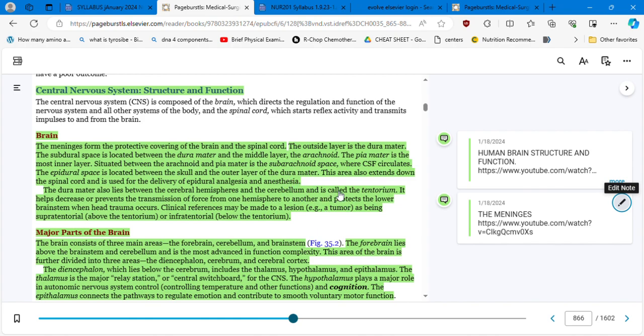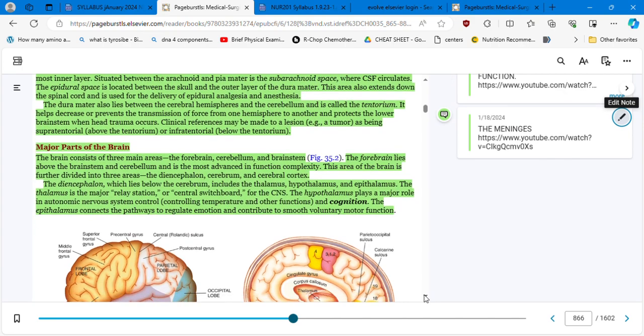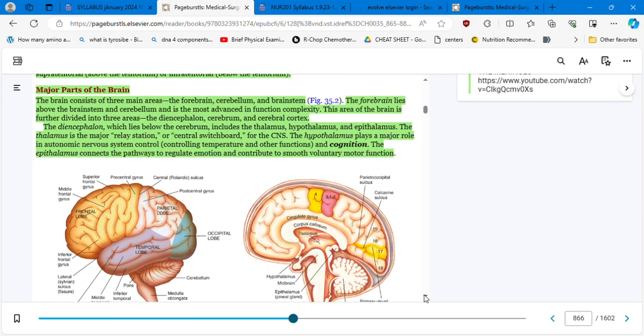Okay, so we talk about the meninges, we talk about the major parts of the brain, and this part, for example, besides the division of the brain between lobes, the brain consists of three main areas: the forebrain, cerebellum, and brainstem.